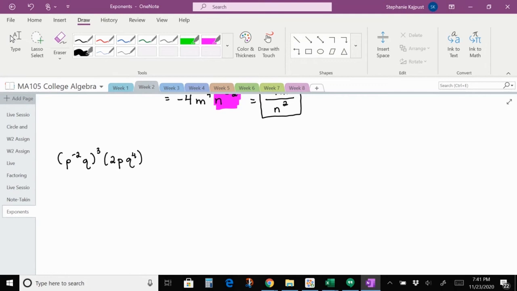So when you have multiple things going on here, we've got our exponent on a set of parentheses, and then we have things multiplied together. You always do the exponent on parentheses first, because order of operations says exponents happen before multiplication. So I need to distribute this exponent of 3 before I start doing anything else.